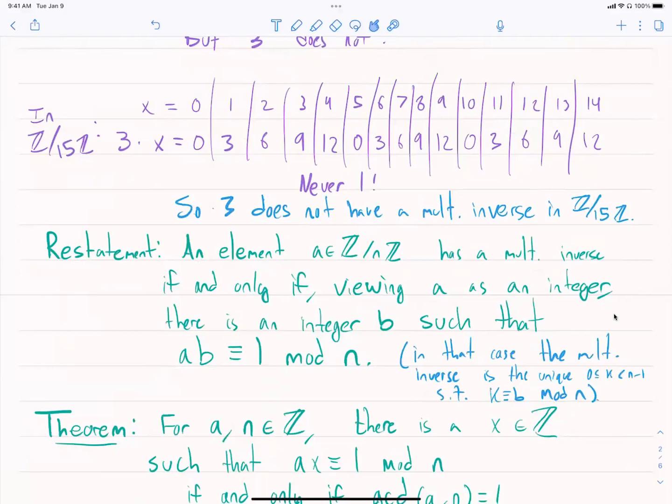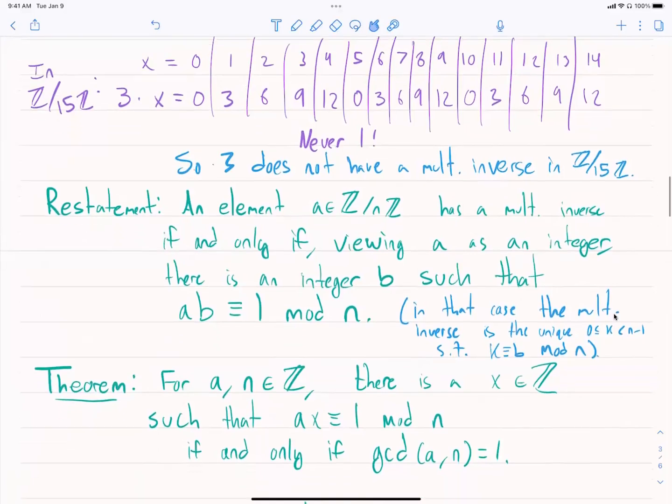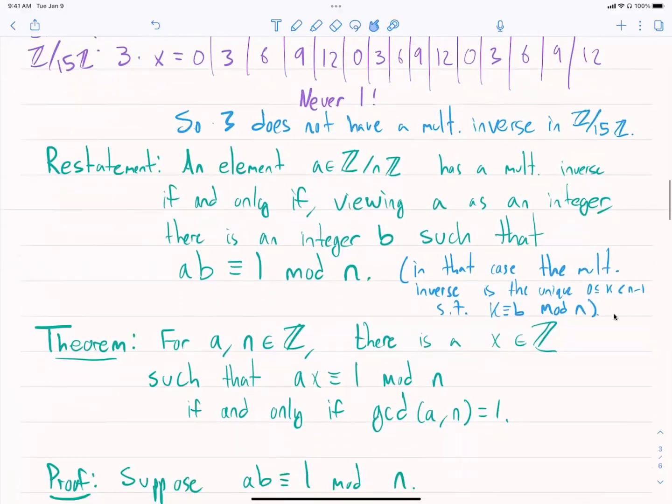Good. But this is a restatement of when an element A will have a multiplicative inverse in Z mod NZ. Once we've restated it like this, we can write down a simple criterion. Some of you will have already observed this in class when we were working through these time tables.